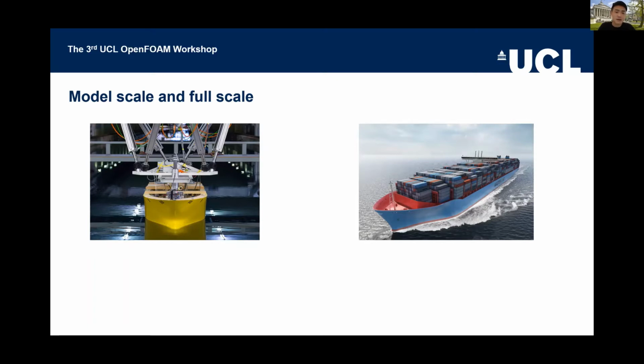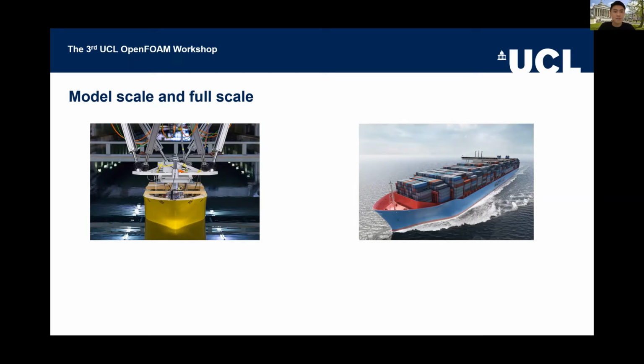And this scale makes the simulation quite different between model scale and full scale, because it's not practical to have full scale measurement, or what we call a sea trial, every time you want to measure the ship resistance. So normally we build a smaller hull model, a couple of meters or even smaller, and put it in a towing tank experiment facility to measure its resistance.